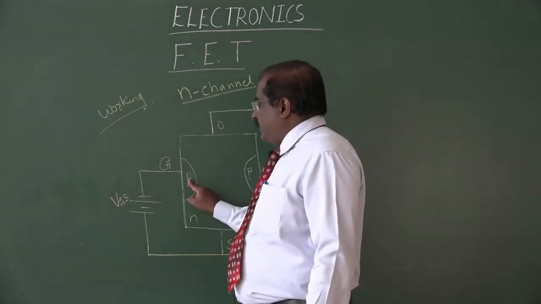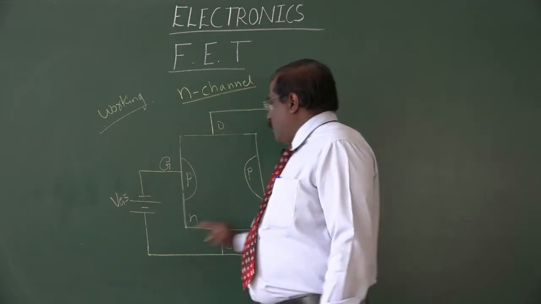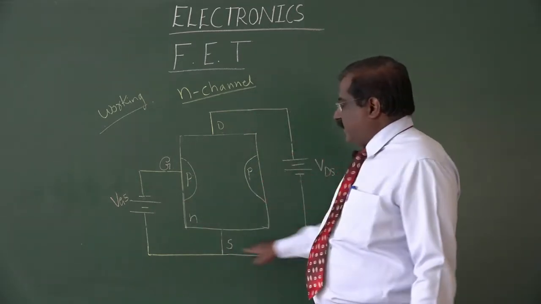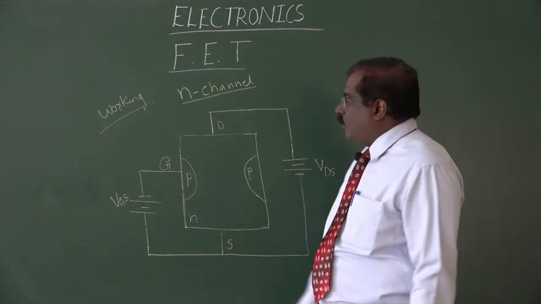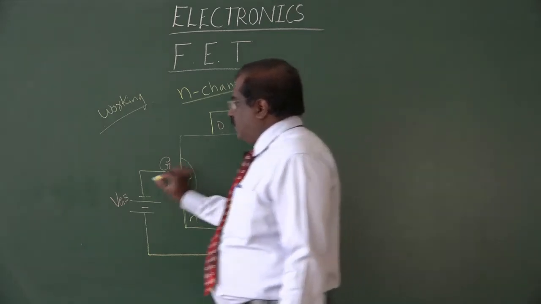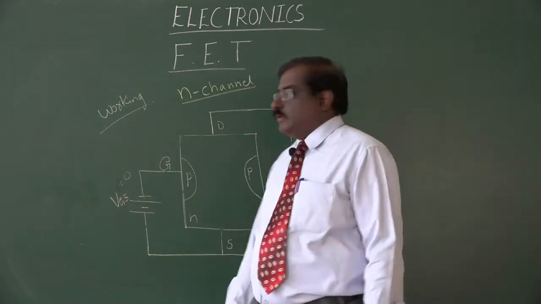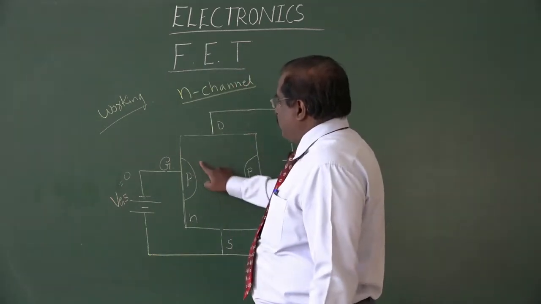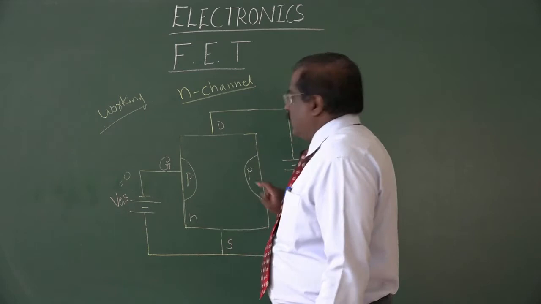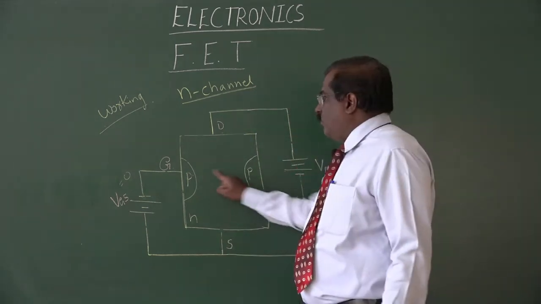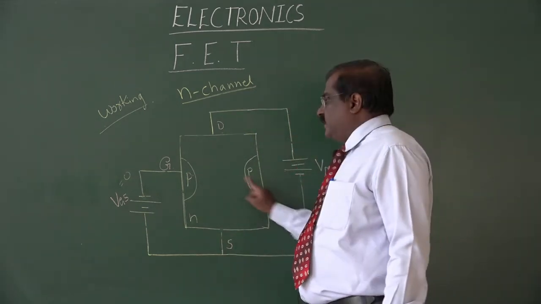For the P-type this is reverse bias, and for the N-type it is forward bias. So you make VGS equal to 0. At VGS equal to 0, there will be no formation of depletion region in the channel.